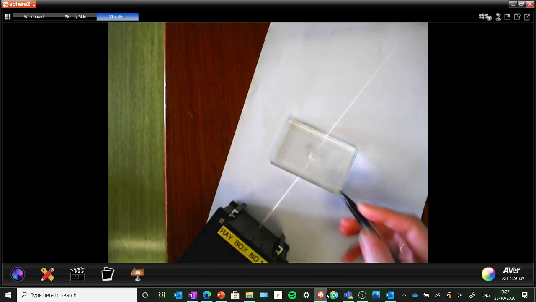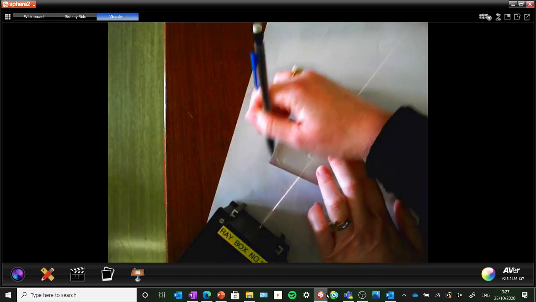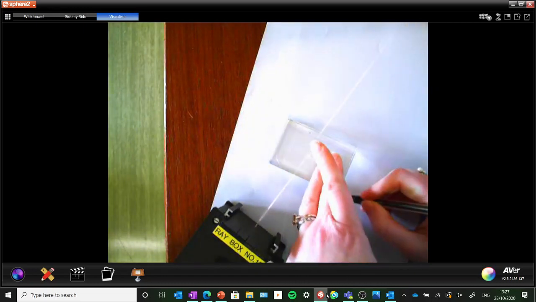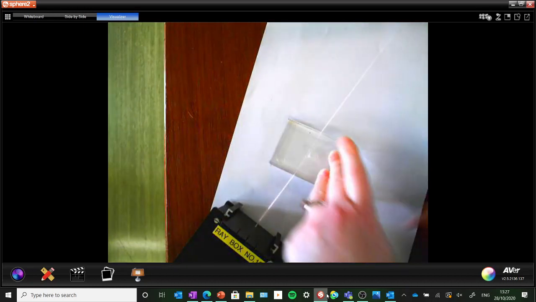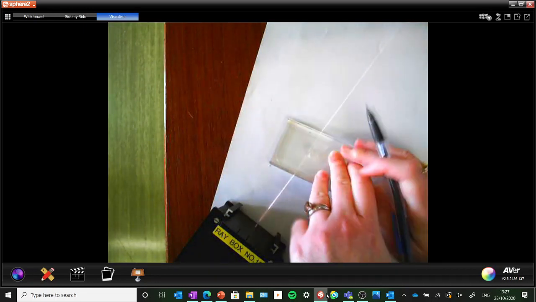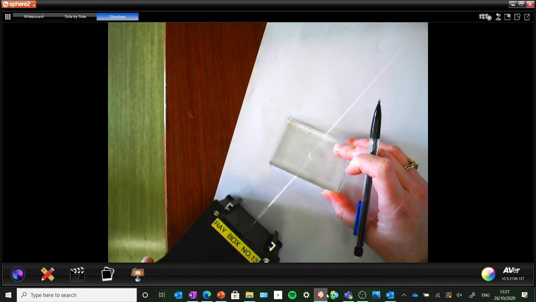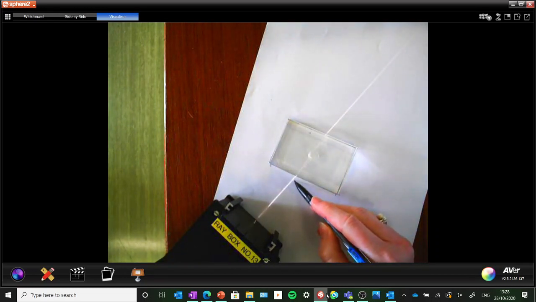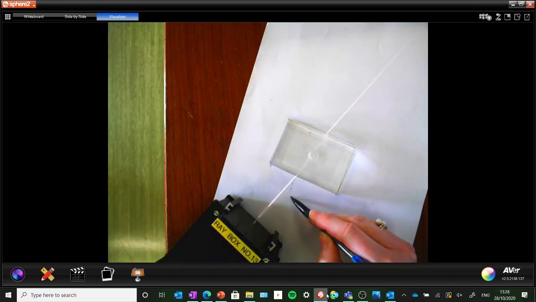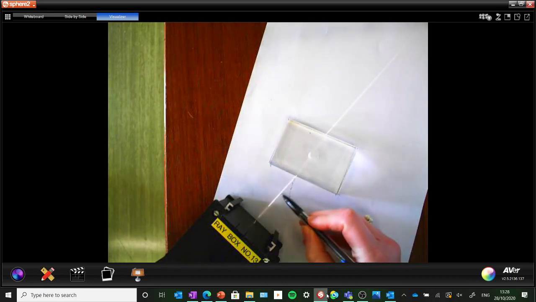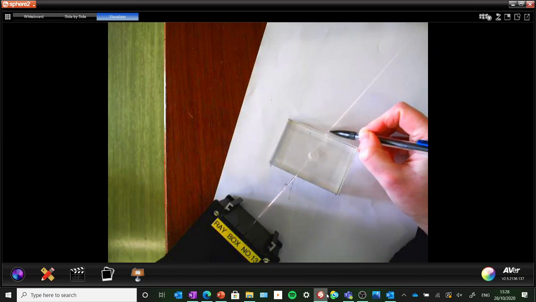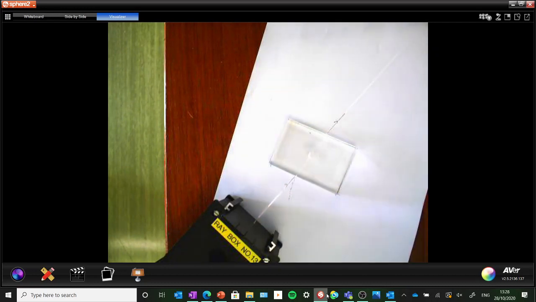And what you're going to do is draw around your block, and draw in the normal, which is at 90 degrees to the surface, remember. And then just sketch in the light there, and as it comes out again as well at the end.